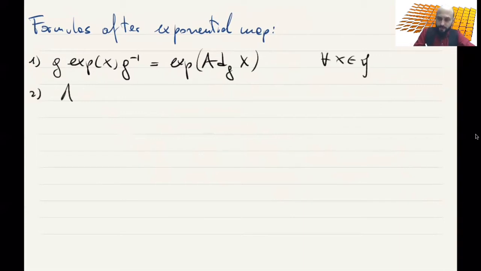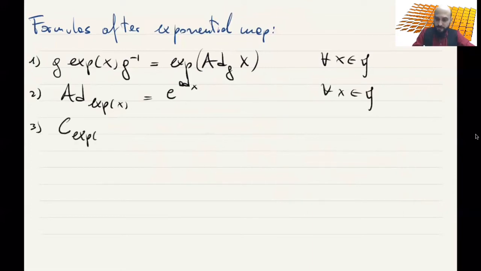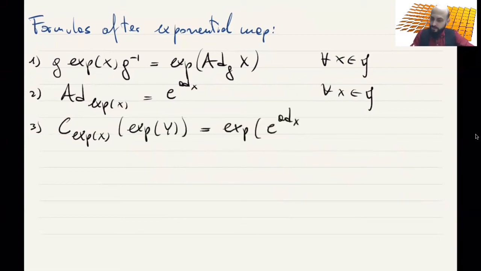Ad exp x is equal to e to the little ad x for all x in g. Three. These are other formulas that you can prove as an exercise, but they're really a consequence of the previous two. This is exp of e to the ad x at y. This is for all x and y in g.